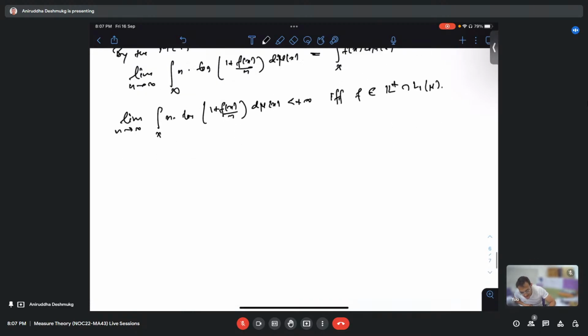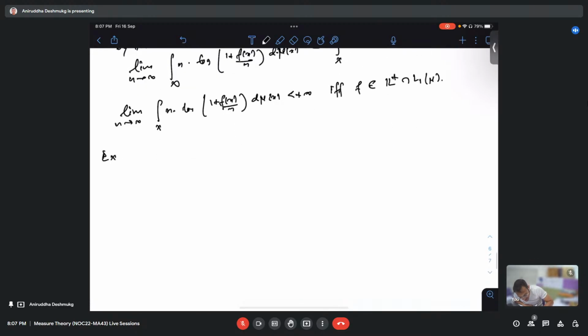And one last example, another one, to get the strict inequality in Fatou's lemma. What Fatou's lemma says is that the integral of liminf f_n is less than or equal to the liminf of the integrals of f_n.